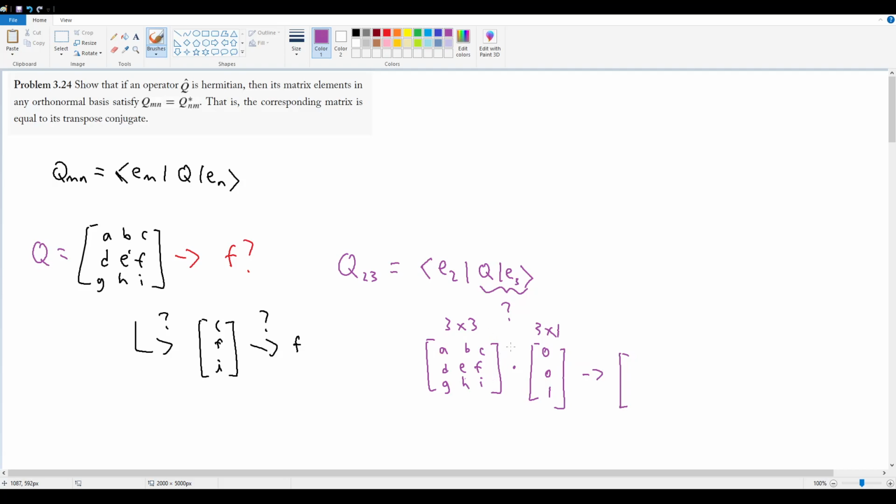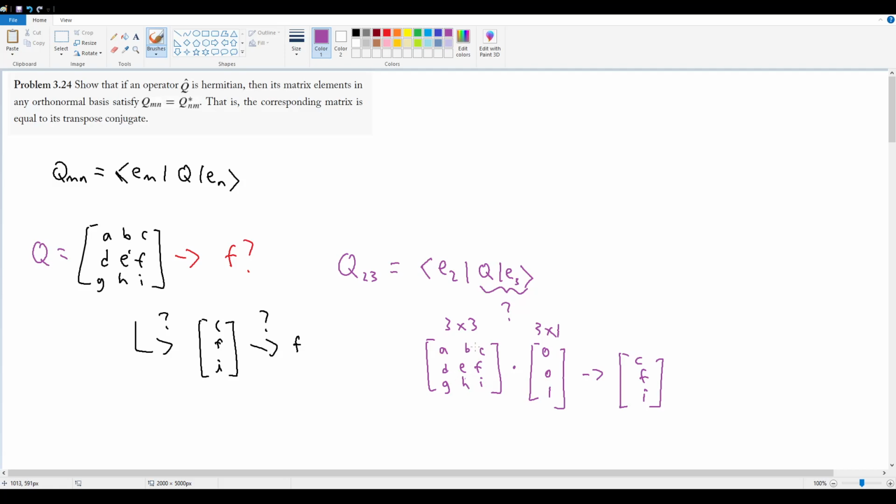If we just follow the standard matrix multiplication rules, this is going to be A times 0 plus B times 0 plus C times 1, so C, and then over here, D times 0, E times 0, F times 1, so F, and then G times 0, H times 0, I times 1, I. So by multiplying it by basis 3, I've just isolated out the third column on its own, and I discarded everything else.